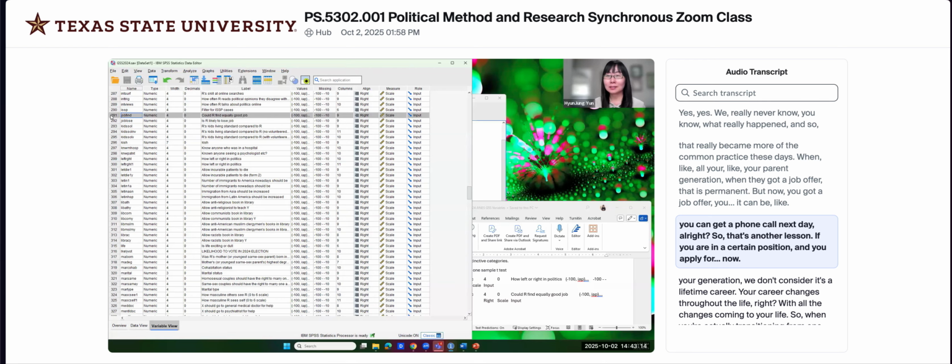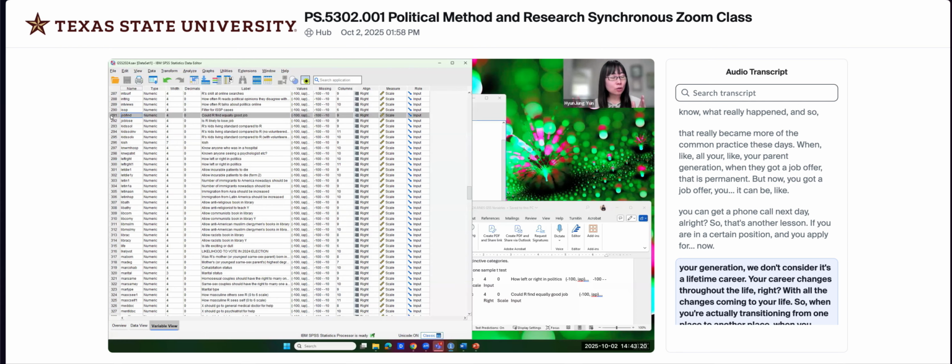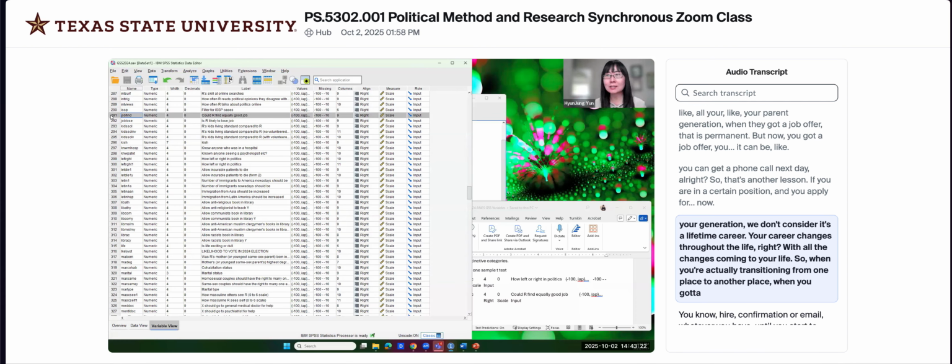So that's another lesson. If you are in a certain position and you apply, now, your generation, we don't consider it a lifetime career. Your career changes throughout life, right? With all the changes coming to your life.